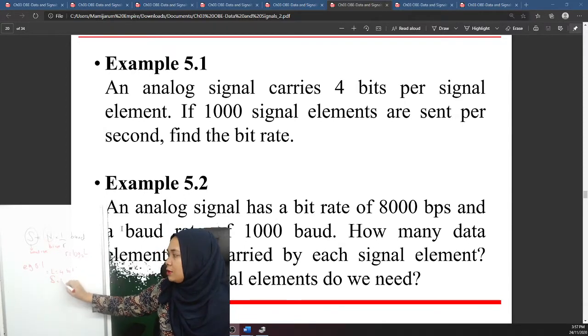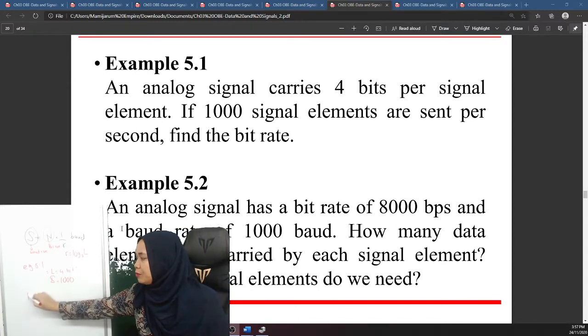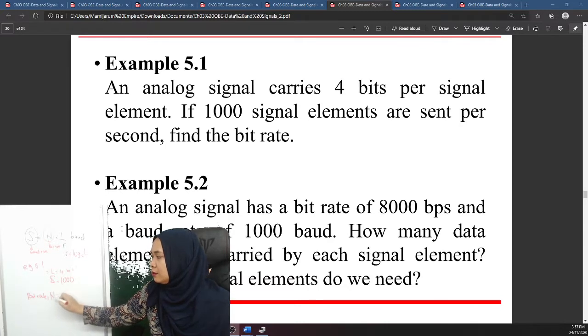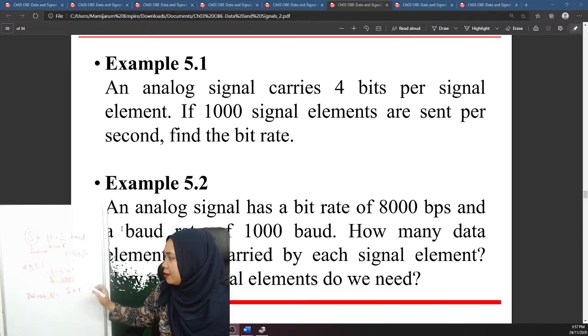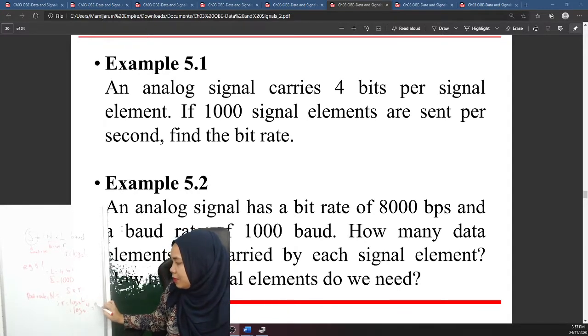S sama dengan 1000. Now menggunakan formula S equal to N divided by R, kita cari bit rate ataupun ia dalam simbol N. Alright, N adalah S darabkan dengan R, di mana R sama dengan log 2 L. So kita dapat log 2 4, kita akan dapat R sama dengan 2.